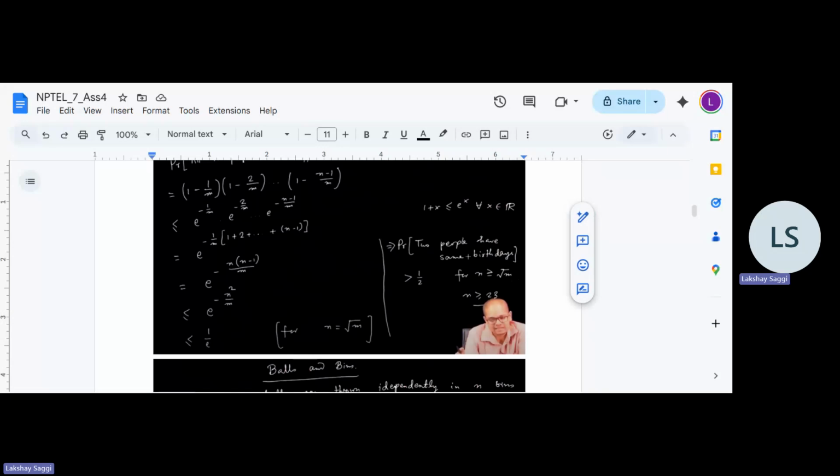So in the deterministic setting, you need at least m plus one people. But here we are talking about probabilities and randomization. With high probability, if the birthdays are uniformly distributed, then in a group of root n people you will be able to find at least two people who share the same birthday.